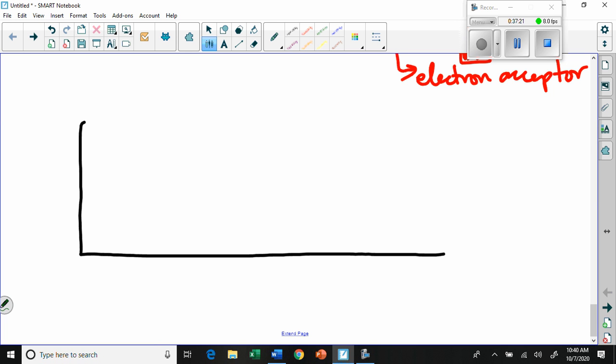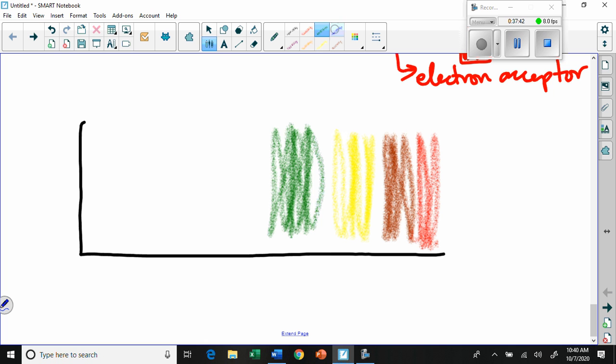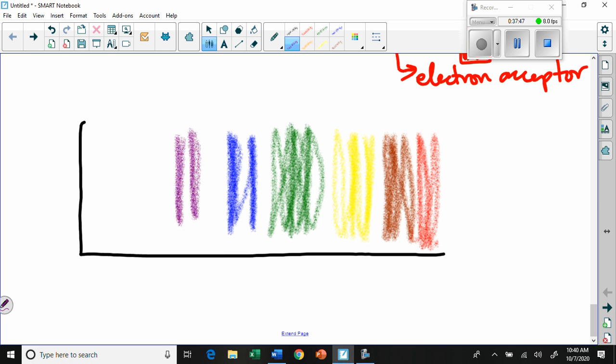And I'm going to just use this book here because it has the graph, just to give you something to see. So let's put the red end here, red. Let's go to orange, yellow, green, blue, and ultimately the violet.